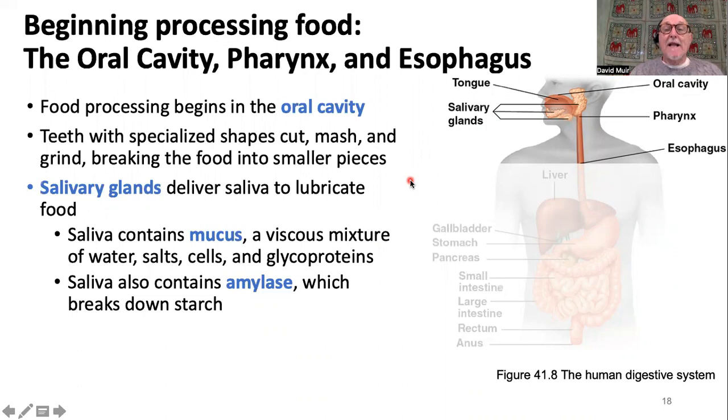And the salivary glands actually produce a complex mixture. Saliva consists of mucus. Mucus is viscous, and it consists of water. It has salts in it.